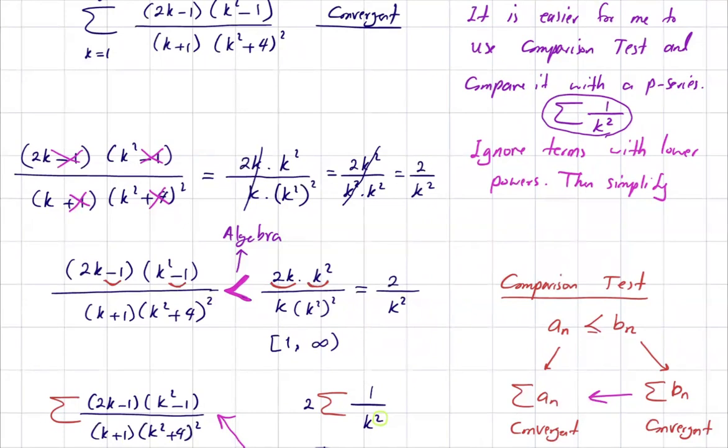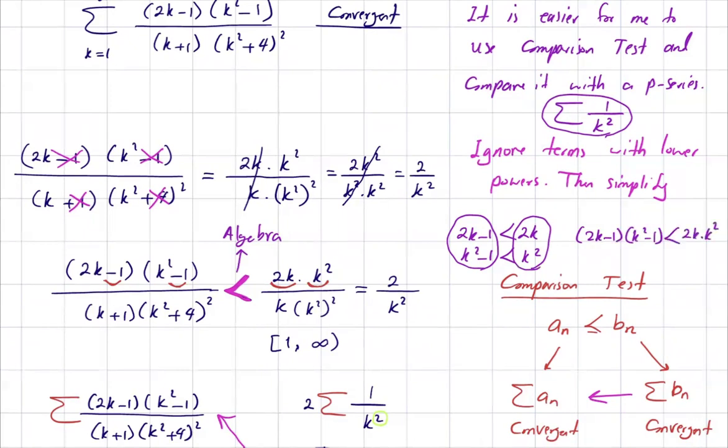2k minus 1 is less than 2k. K squared minus 1 is also less than k squared. So when you multiply the terms on the left, it is less than the multiplication of the terms on the right. So you get 2k minus 1 times k squared minus 1 less than 2k times k squared.